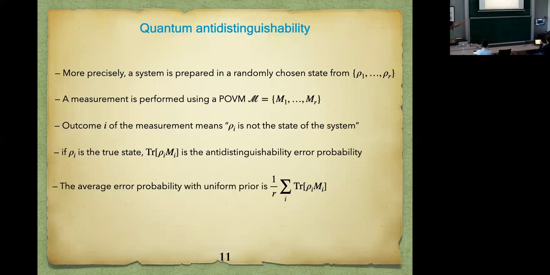So the average error probability corresponding to that POVM is this quantity. It is 1 over R times the sum of the probabilities for each of the outcomes. So this is the anti-distinguishability error we will be concerned with.